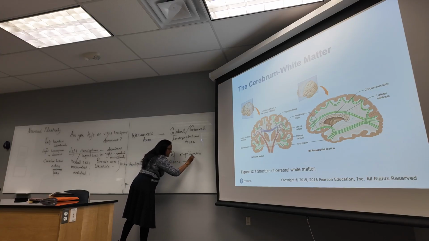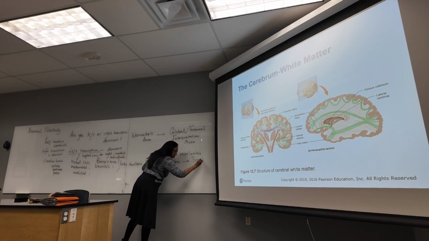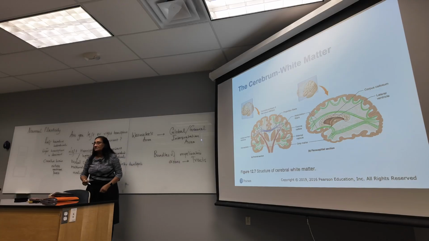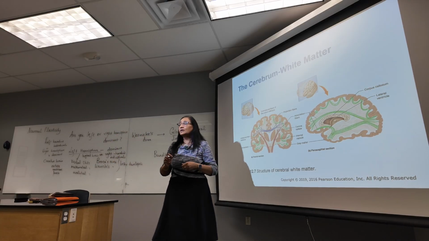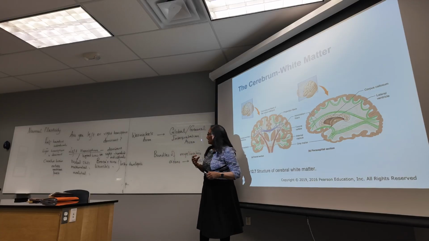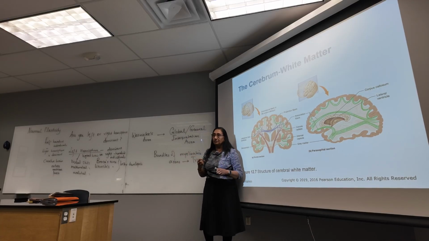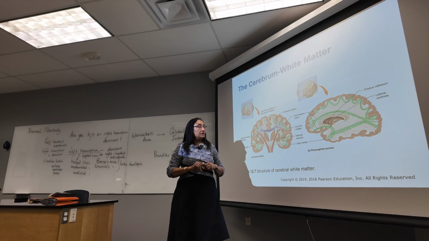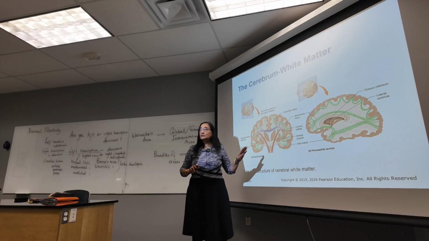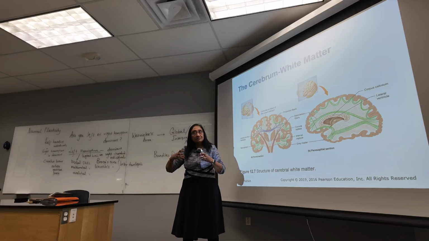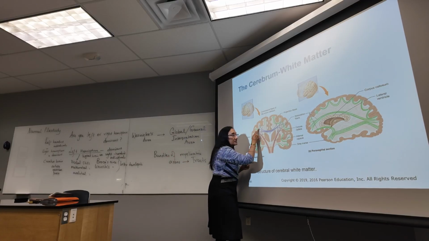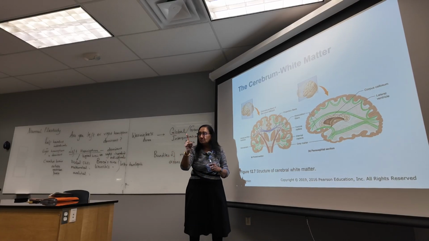The term that we give for this, we call them tracts, like pathways. They look white in color because of the myelin. Within the white matter of the cerebrum, you are going to see these tracts going from one cerebral hemisphere to the other.